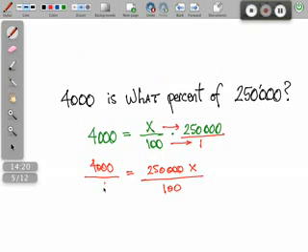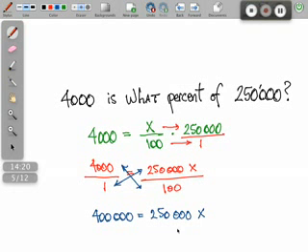I'm going to divide by 1. Why do I do that? So that I can cross multiply my two fractions with an equal sign between them. I get 4,000 times 100. That gives me 400,000 equal to 250,000x.